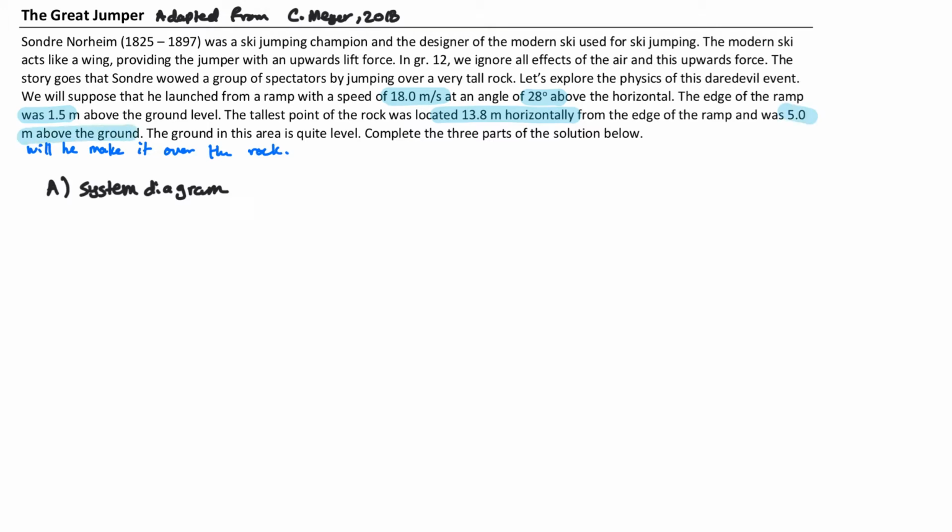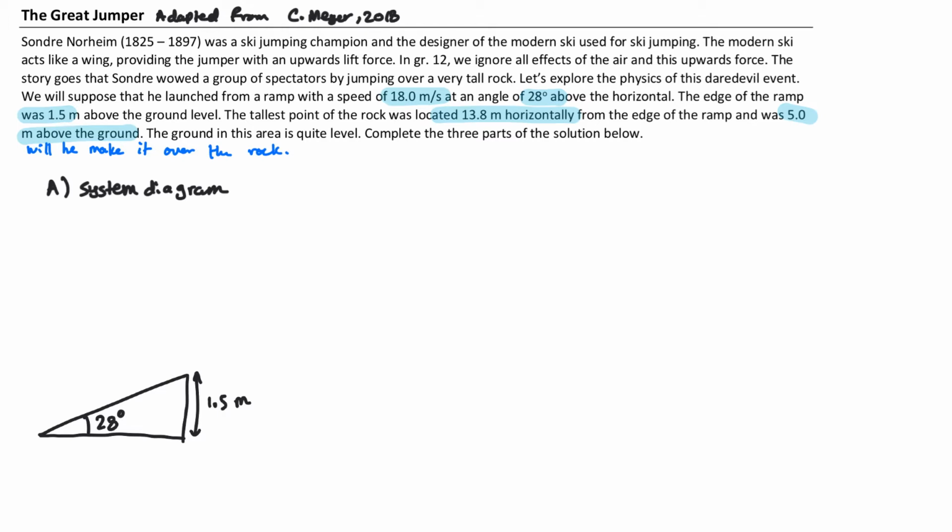So let's draw all of that information down. We've got our ramp. The ramp was 1.5 meters here, so I'll put that in, 1.5 meters. And the angle of the ramp was 28 degrees above the horizontal, so that's here.